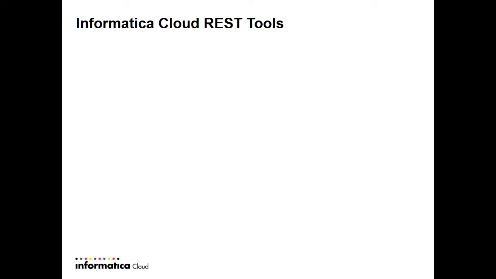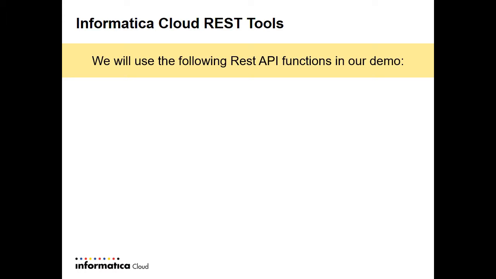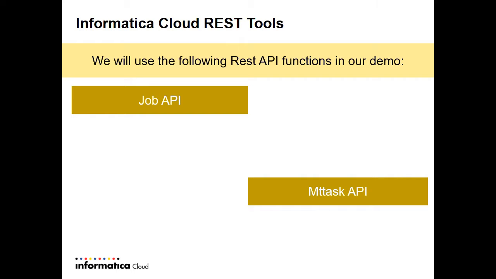We have already discussed the capabilities of Informatica Cloud REST API in detail in an earlier module of this course. We had also discussed a few important functions of the Informatica Cloud REST API. We will now use the following API functions in our demonstration: Job API and Empty Task API.